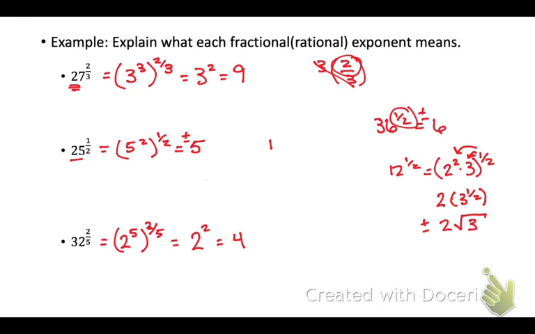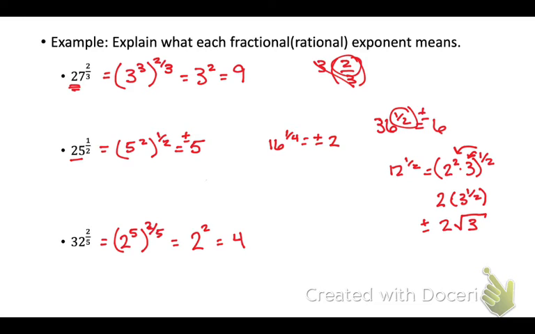And 16 to the 1/4 is really plus or minus 2. Not all of them, the even ones. Why? Because an even number of negatives is a positive, correct?